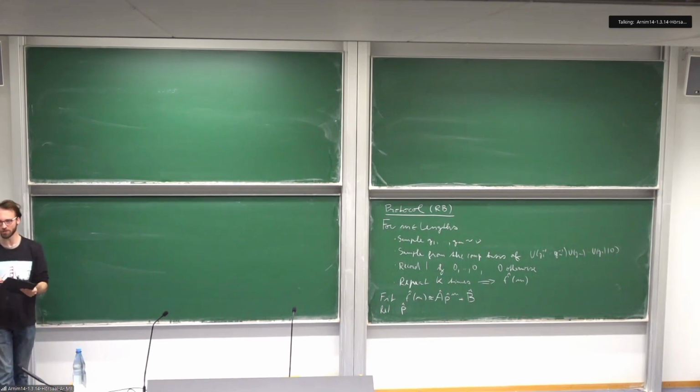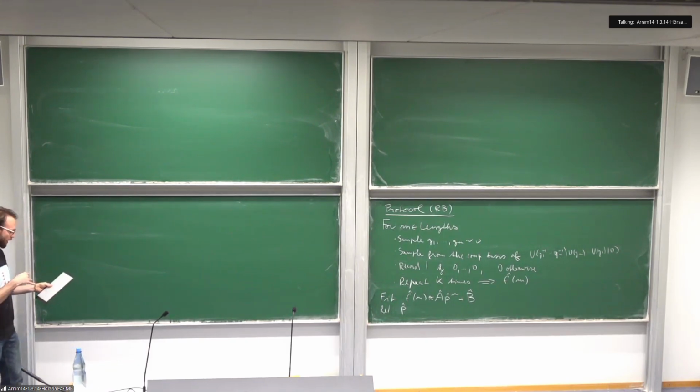So you're pointing to compiling it, exactly. That's why there are these other proposals, but I'll get to this discussion after I go through this proof. It's not very practical for larger systems, but the hope of randomized benchmarking is that it should be applicable to large systems, and that's the interesting regime.